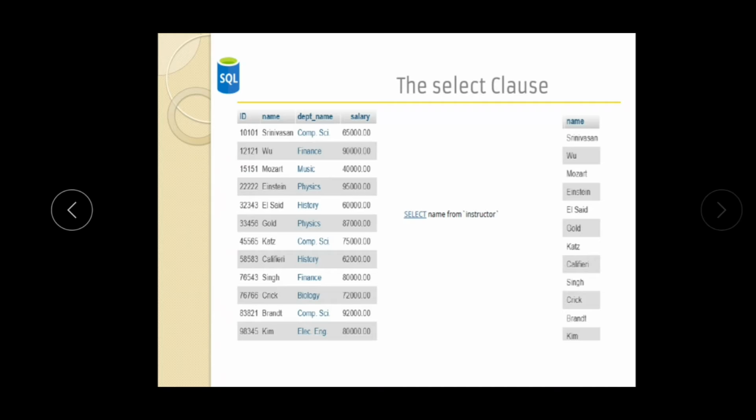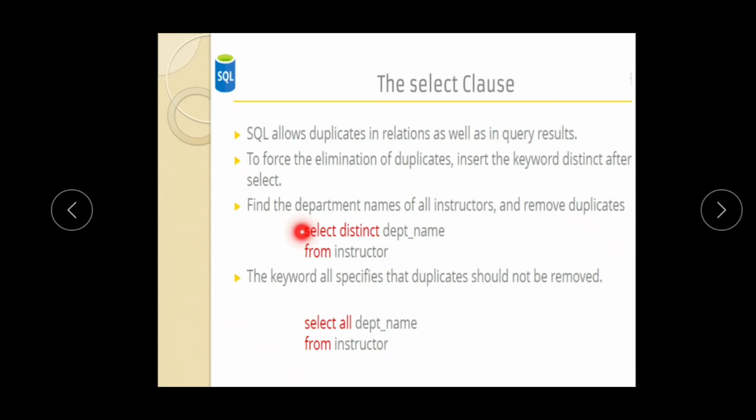In order to avoid duplication or repeating values, we rewrite the statement like this: select distinct. We include a keyword called distinct along with the select statement. So: select distinct department name from instructor.